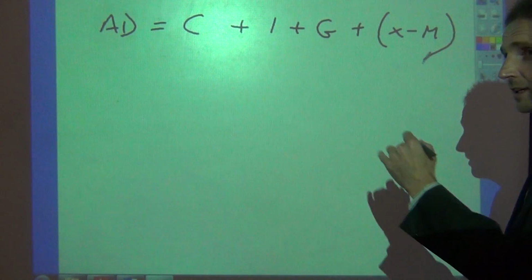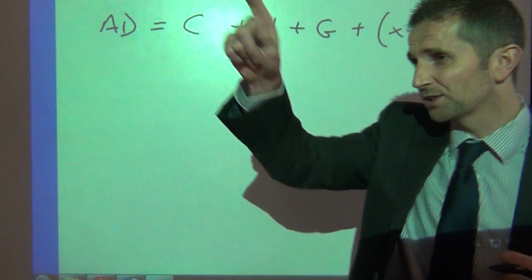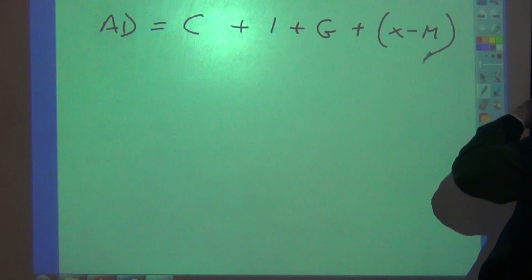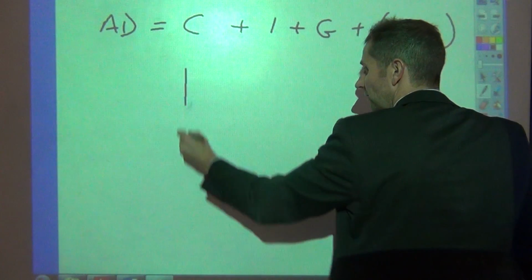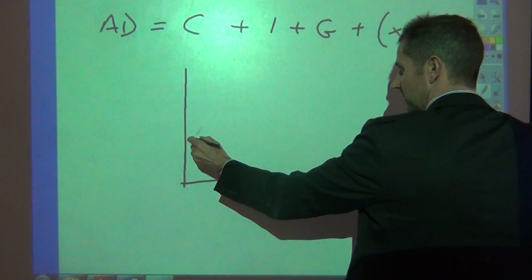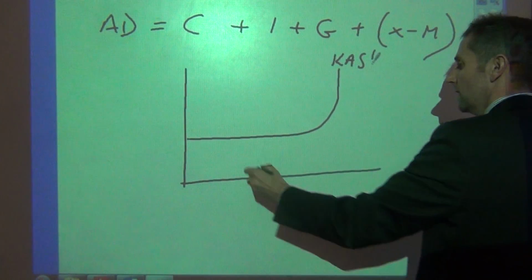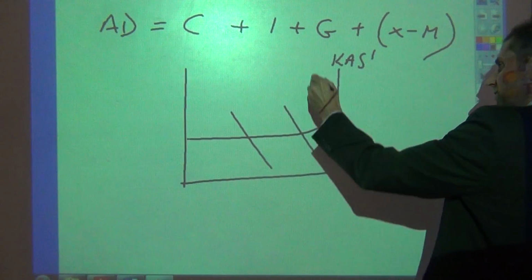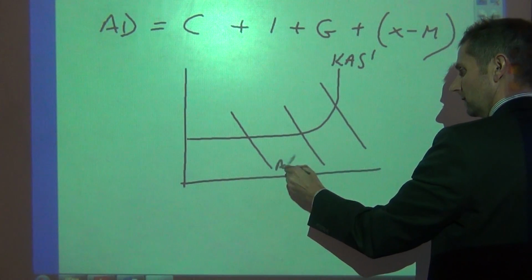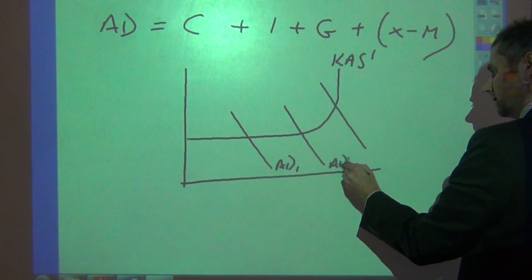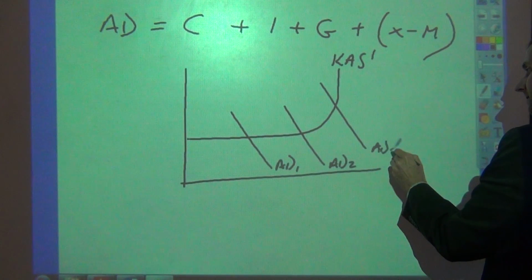We've just read that none of these are at so-called blast-off stage. As a consequence of that, we are unlikely, it's not impossible, but we are unlikely to see very significant shifts in AD from AD1 to AD2 to AD3.